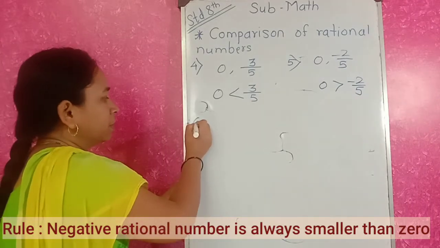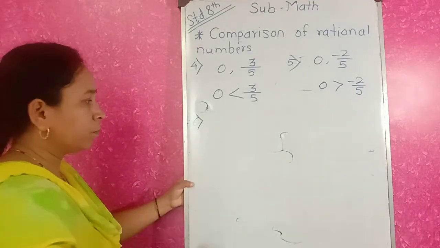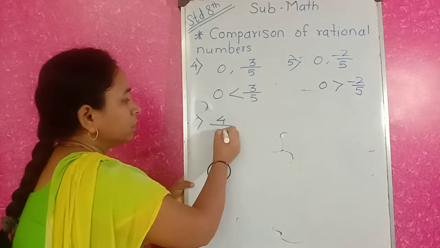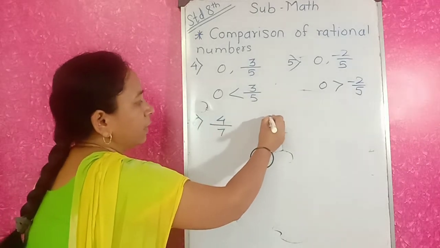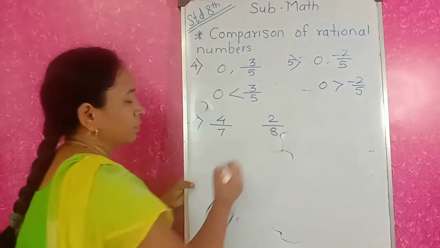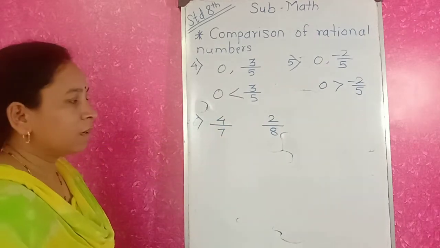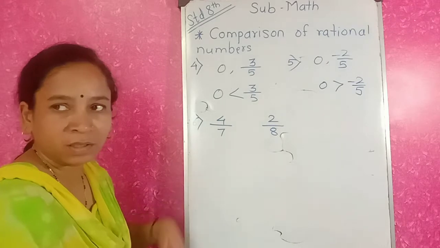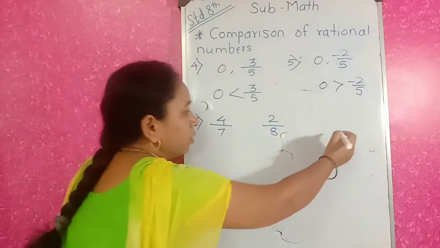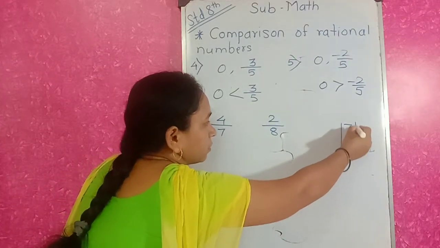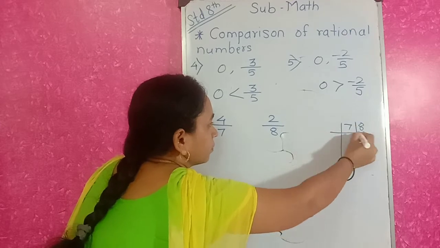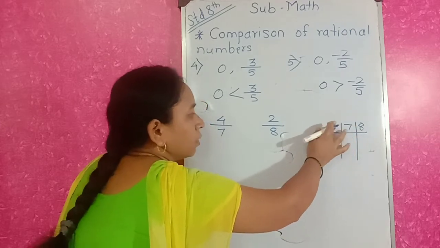Now the next example, sixth example, 4 upon 7 and 2 upon 8. Here just check, both are positive. Again I have to make their denominators equal. So here find out the LCM of these.